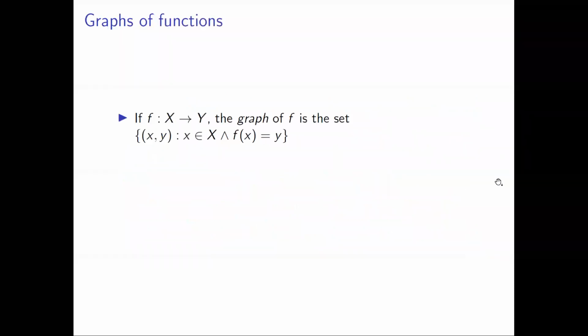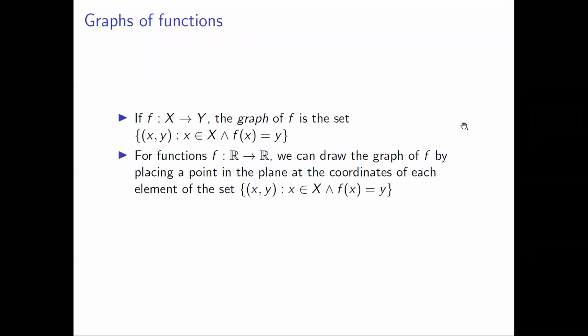So on to our final topic, and this one will be one that you will probably recognize, because when you've looked at functions before, you've probably seen a lot of graphs. So if we have a function from x to y, our function f, we define the graph of f as the set of ordered pairs x comma y, for which x is an element of the domain, and f of x equals y.